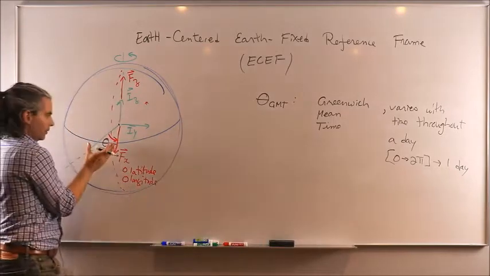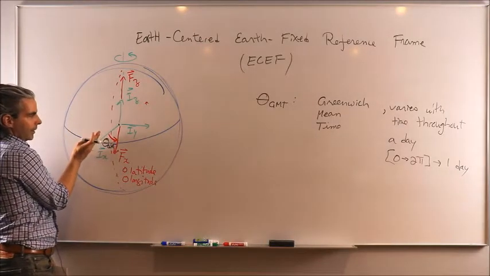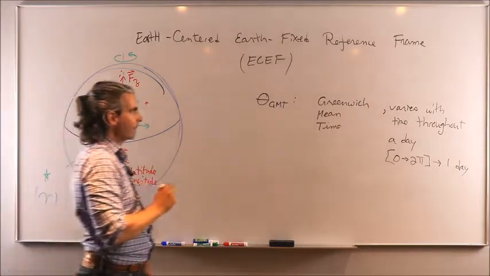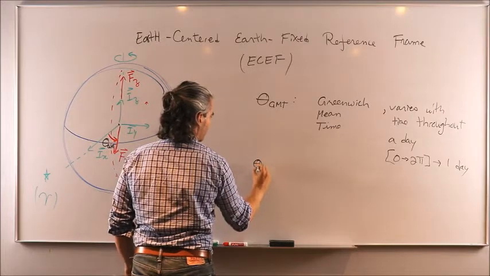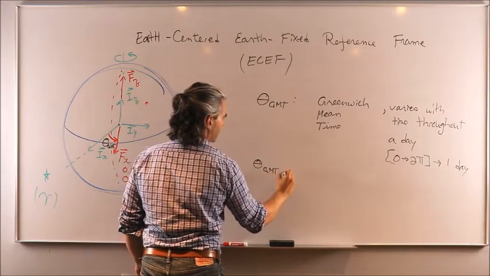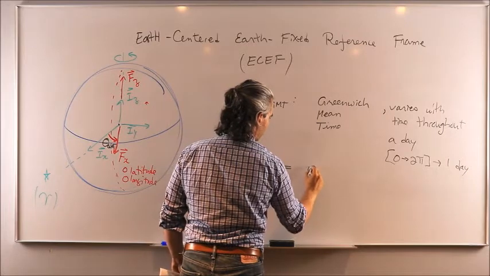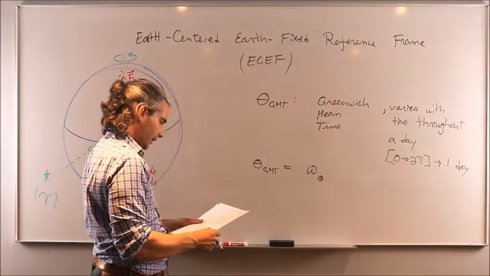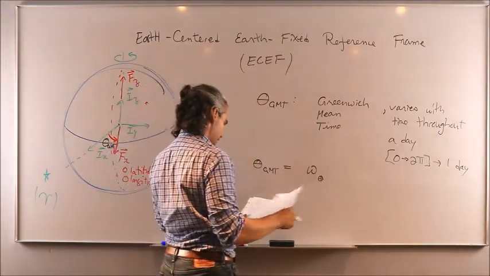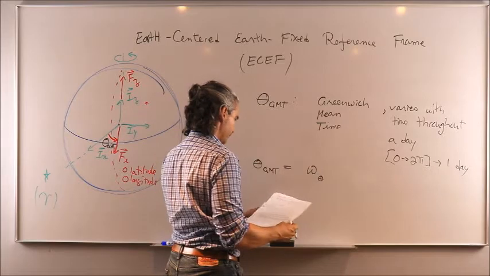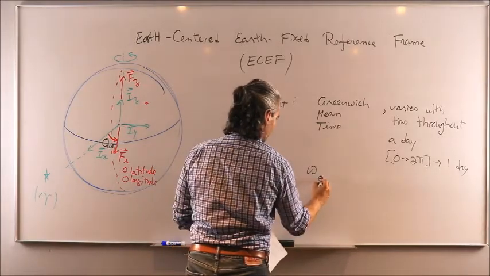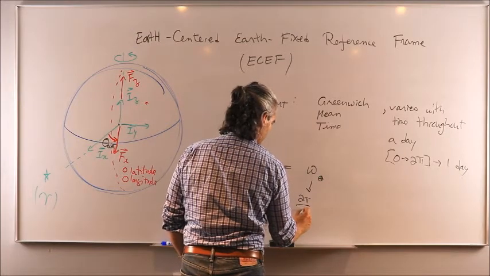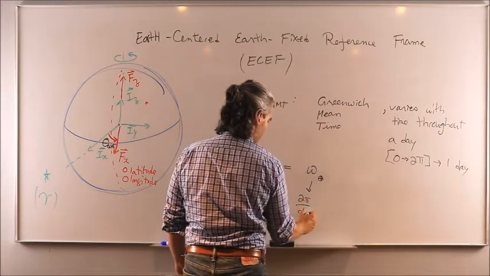In other words, this angle starts at 0, then increases all the way up to 2 pi in 24 hours. And the way to calculate the current angle, theta GMT, is to take the angular rotational speed of the Earth, denoted by omega, with a subscript denoting that this is for the Earth. Okay, so this is your 2 pi radians per day converted to radians per second.